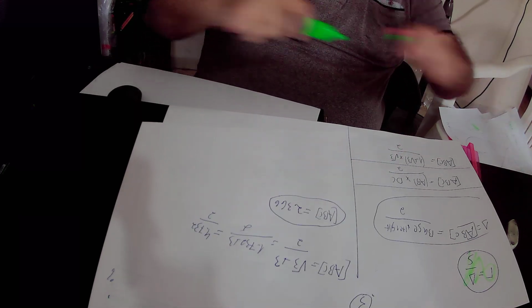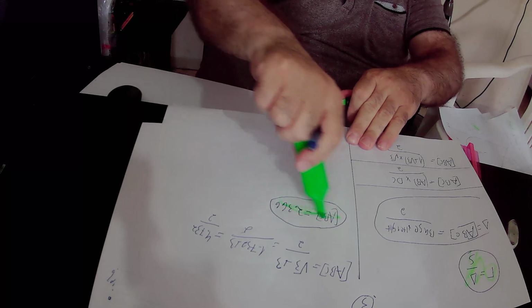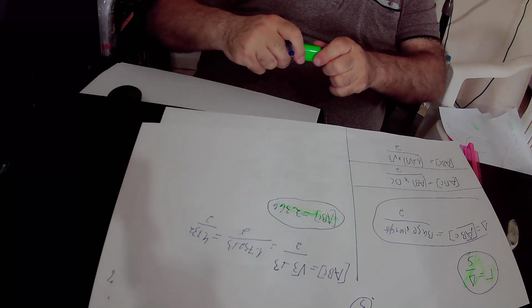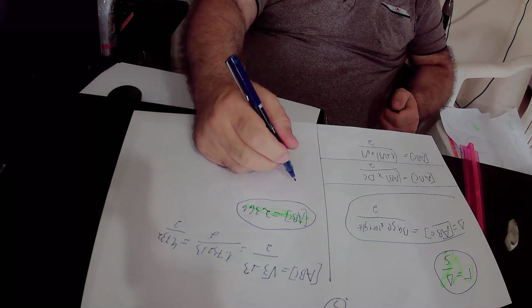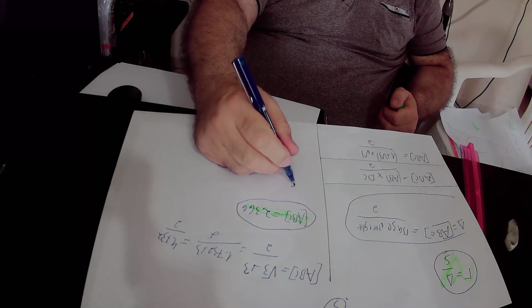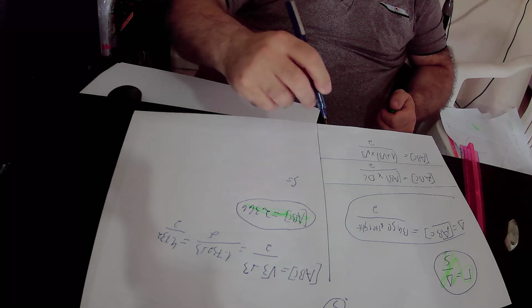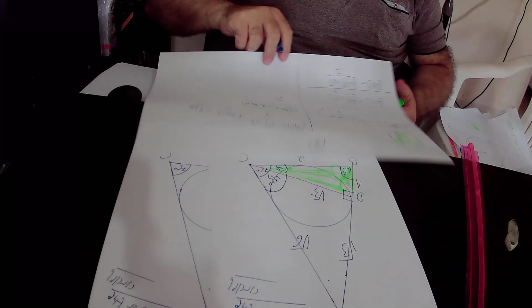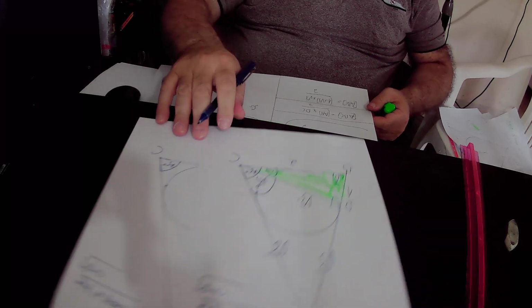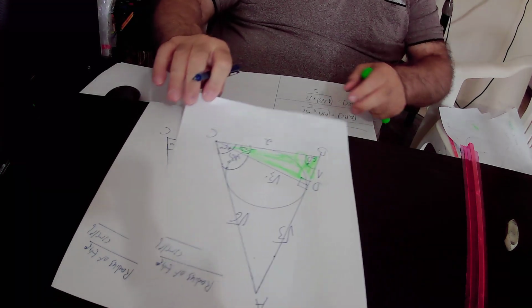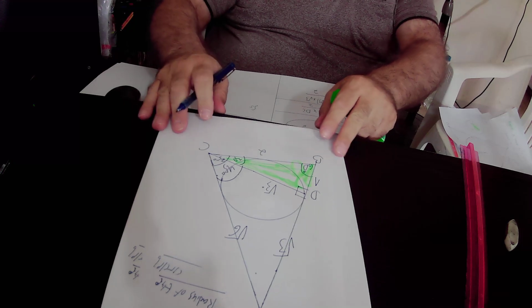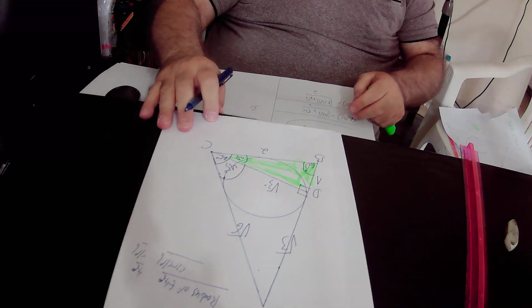Now the only thing that is left to do is to find out the semi-perimeter of triangle ABC. The semi-perimeter of triangle ABC equals the perimeter over 2. And the perimeter of triangle ABC is equal to the sum of its side lengths.